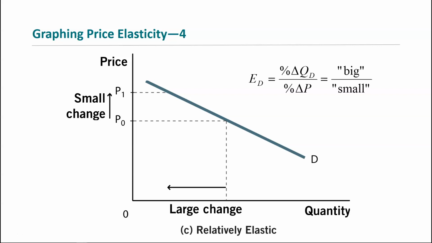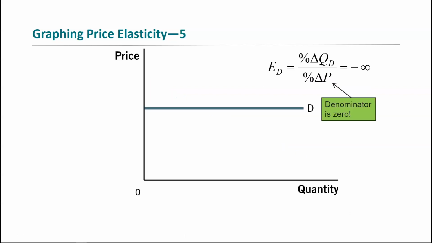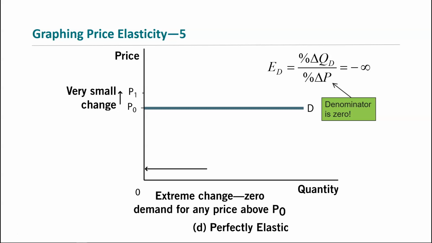Now, on the far other extreme, we come to a demand curve that is perfectly horizontal, that's flat. In this case, the denominator of our elasticity fraction is 0, because we can have a price change that's very small and an extreme change in demand.